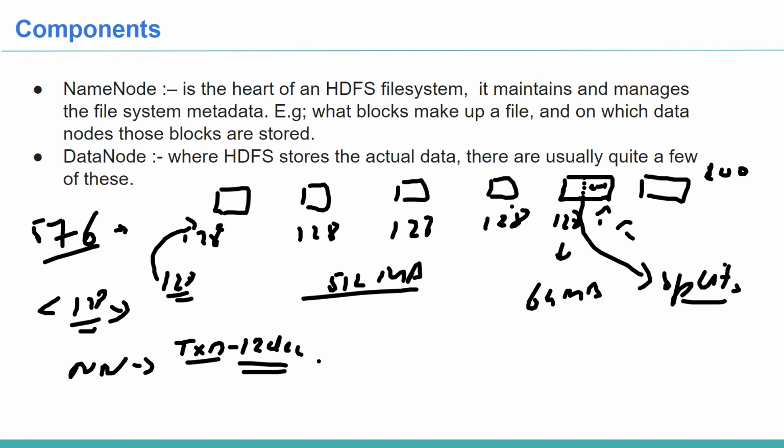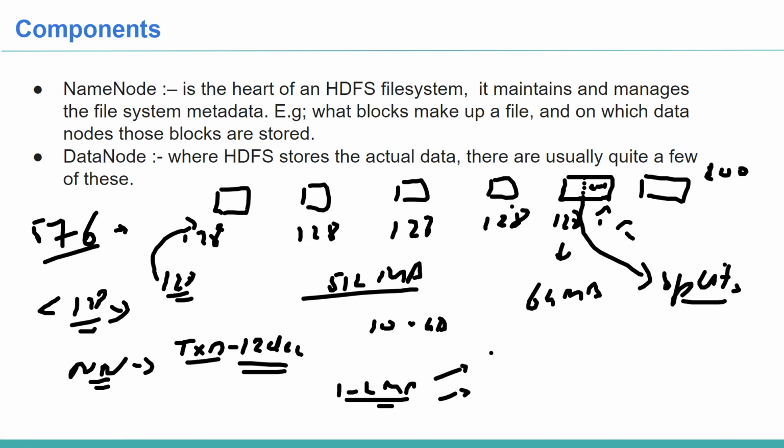Now, let's say if we have very small files of say 1 MB or 2 MB in size, the problem with this will be that name node has to keep a track of all the files, all the data that is available. And if you have the data of 1 or 2 MB, name node has to keep the track of all the metadata. So if I have 100 GB of files and we have to store it in small sizes of 1 or 2 MB, the amount of metadata that name node has to handle will be huge.